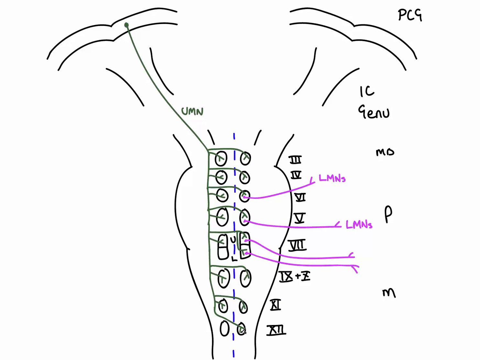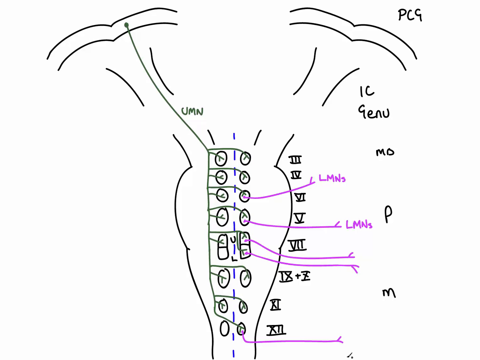The hypoglossal nucleus only receives contralateral innervation from these descending corticobulbar fibers. So whereas the majority receive bilateral innervation, the hypoglossal nucleus only receives innervation from the contralateral side. And here we can see the hypoglossal nucleus giving rise to its own lower motor neuron.